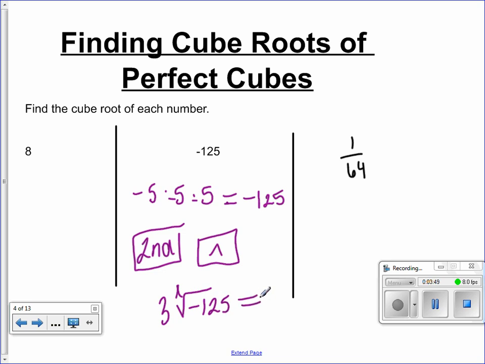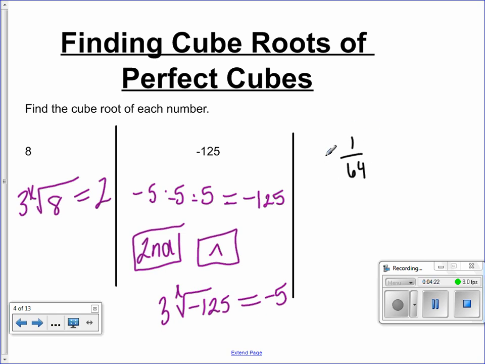And it will give me negative 5. If I wanted to go back to 8, I would use the number 3, because we're finding the cube root, hit the cube root button, and then type in 8. And it will give you your answer of 2, because 2 times 2 times 2 gives you 8.